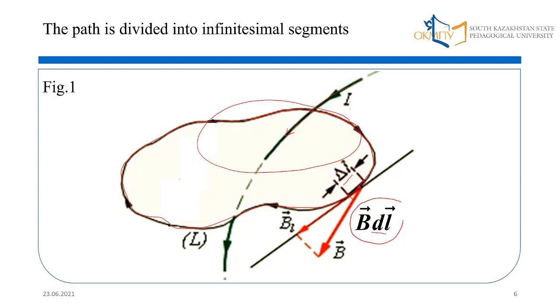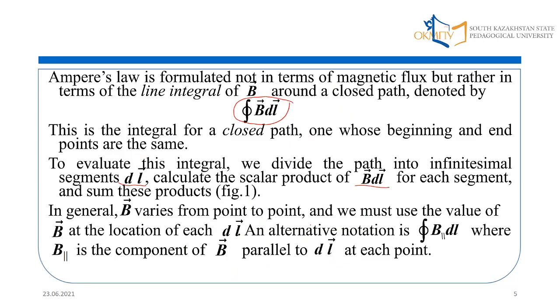And this scalar product gives us the parallel component of the magnetic field. In general, magnetic field varies from point to point, and we must use the value of the magnetic field at the location of each segment of length dl.